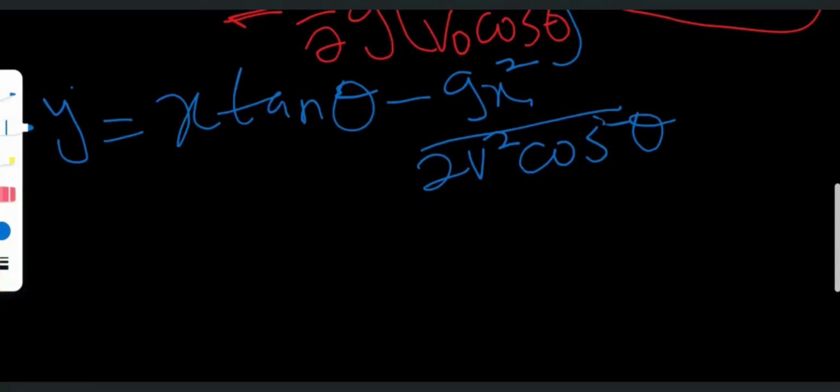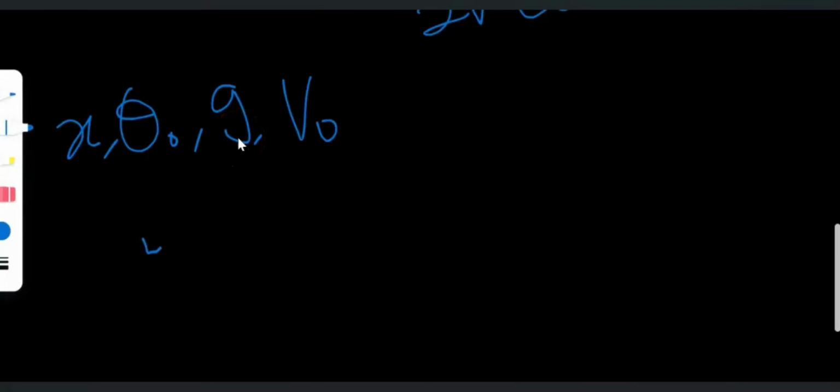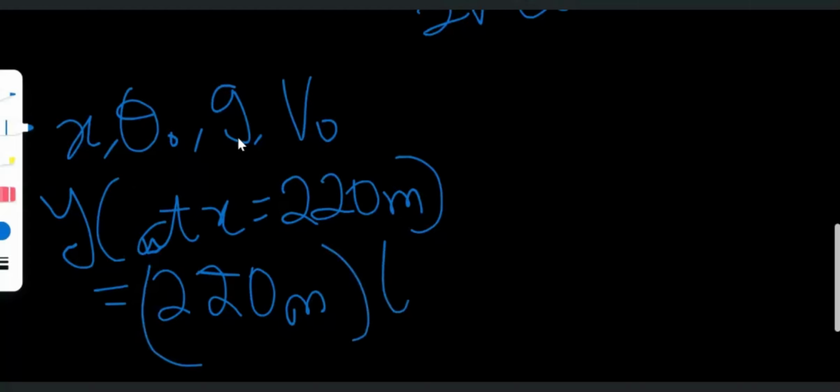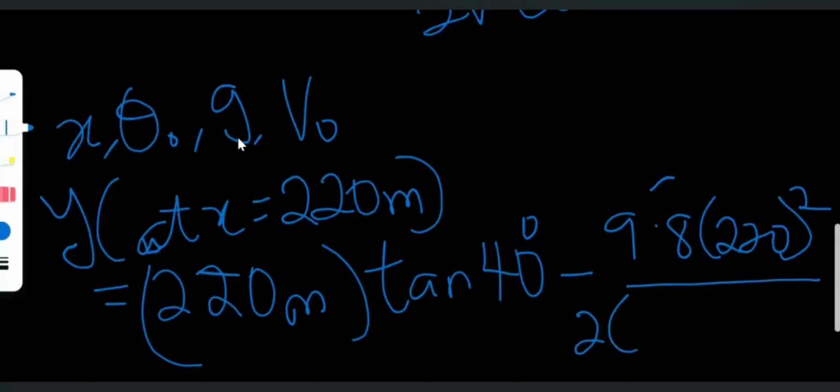By the time we substitute the value for x, for theta, for gravity, for initial velocity, we'll get y at x equal to 220 meters is equal to 220 meters tan 40 minus 9.8 bracket 220 squared, that is the x, over 2 bracket 50 for the velocity.